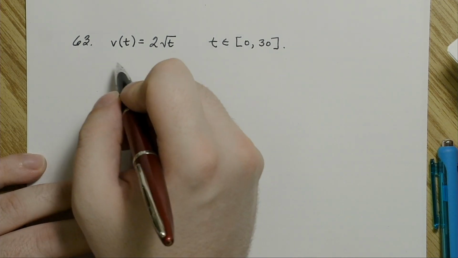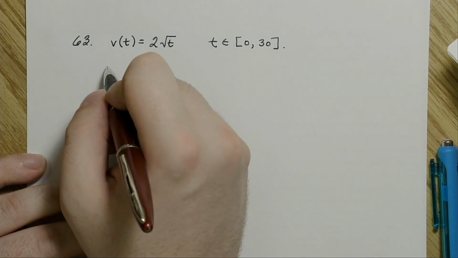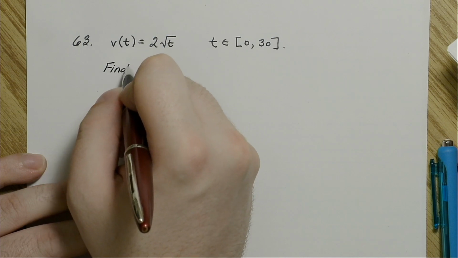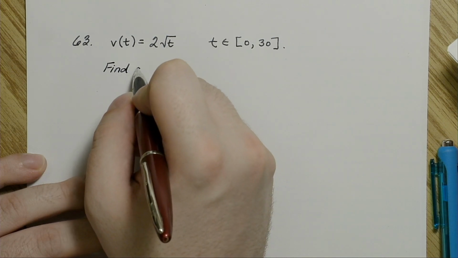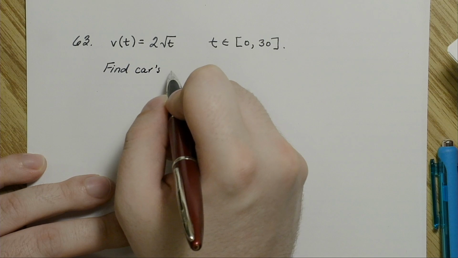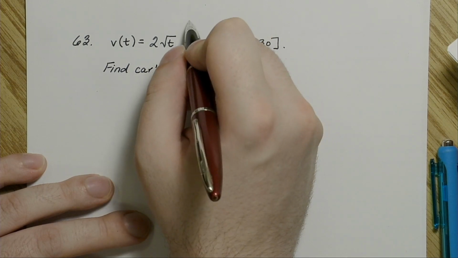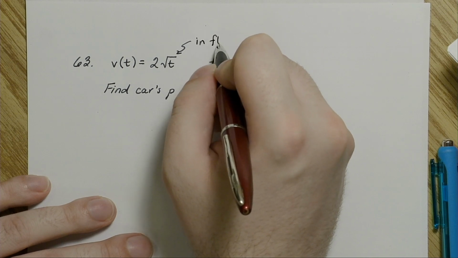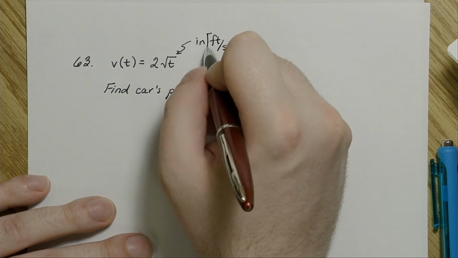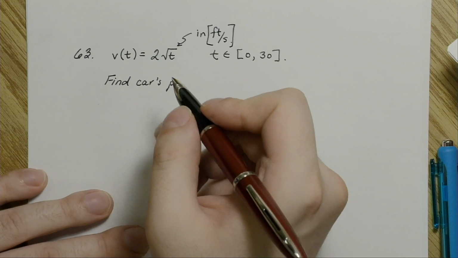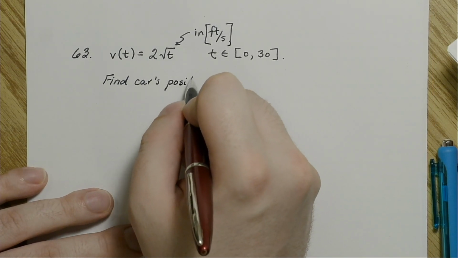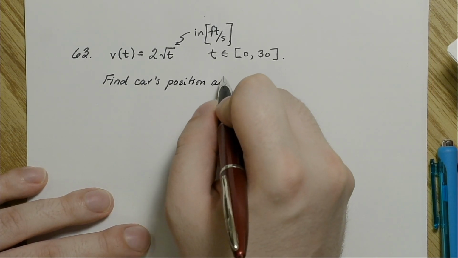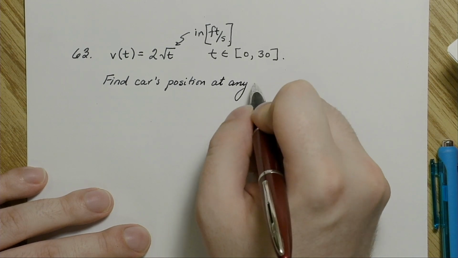And they ask us to find the car's position. Remember, this is in feet per second. So again, I have to remember my units. Find the car's position at any time.